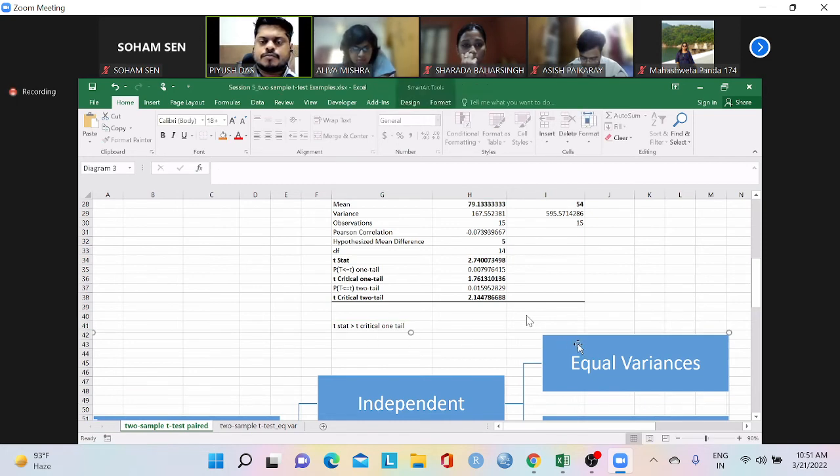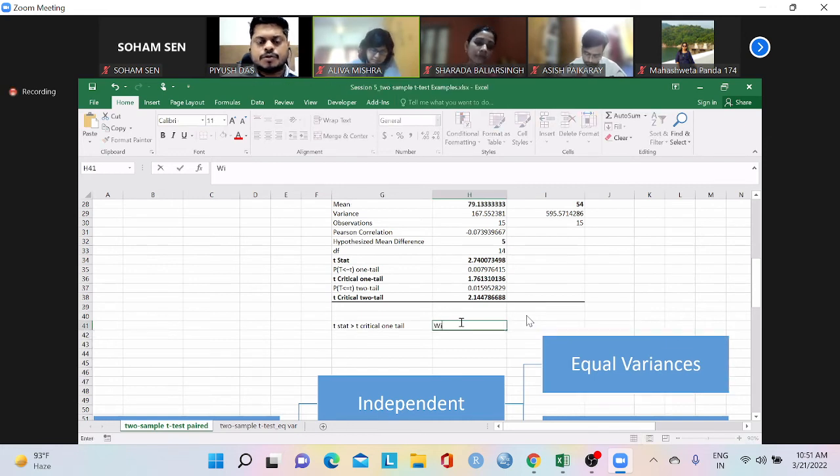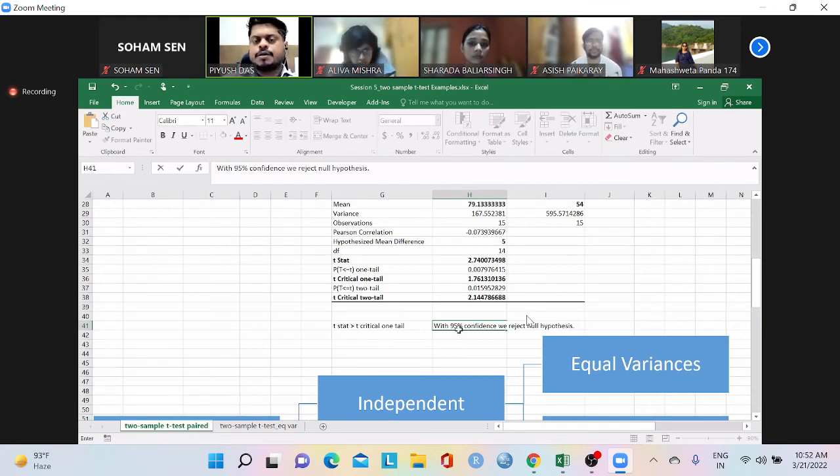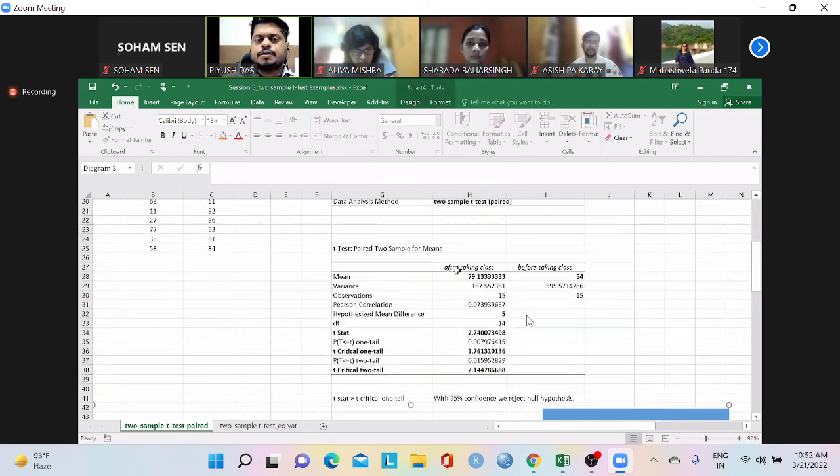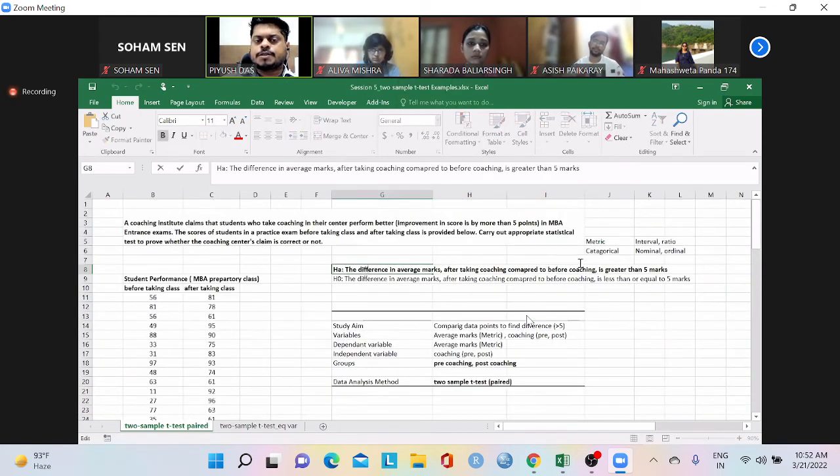Reject the null hypothesis. With 95% confidence, we reject the null hypothesis. When I say reject the null hypothesis, what does it mean? The alternate hypothesis is accepted. The other way of saying it is that yes, the difference in average marks is greater than 5 marks.